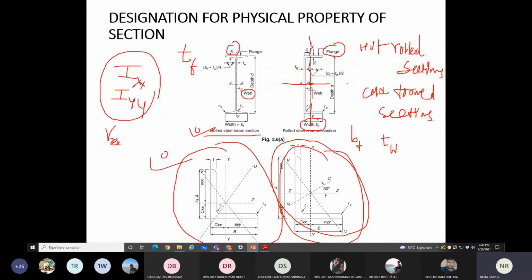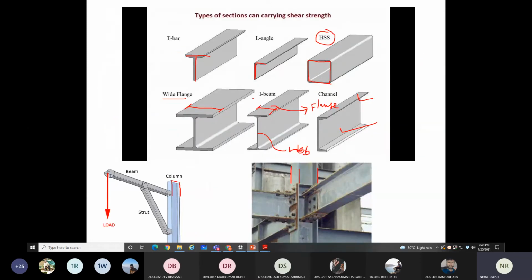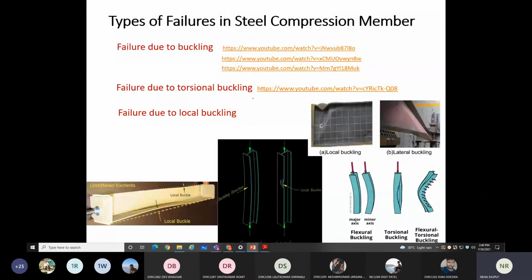Now for the design of any member, I used to say, before the design of any member, you must be aware of the failure criteria. You must be aware of how the member fails, and then you can make a safer design.